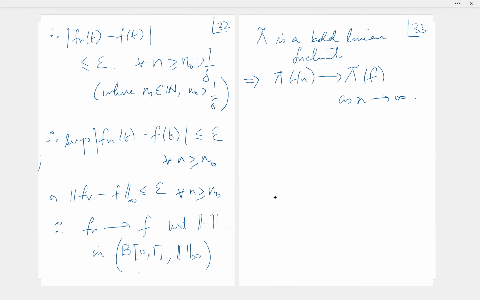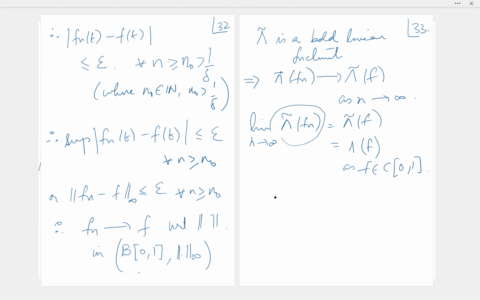So that means, remembering that this delta tilde is just the extension of the original delta that we started with, and F is continuous. So F is in C[0,1]. Okay. So now let's identify what these quantities are.